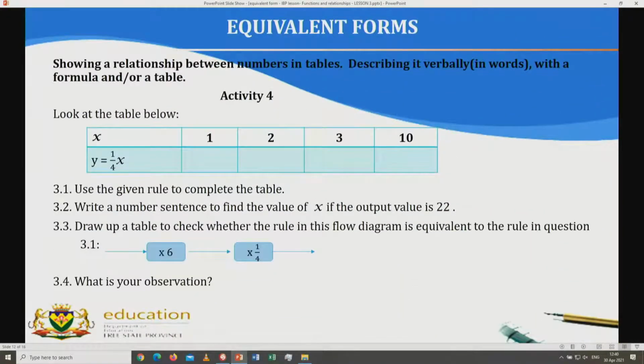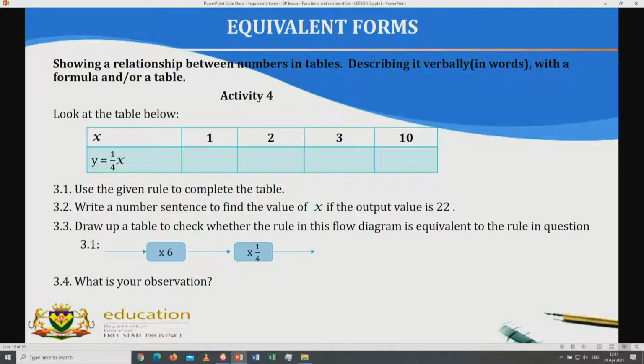Now, activity number 4. For activity number 4, we'll be having the table. The question says, we are going to show a relationship between numbers in tables, describing it verbally with a formula and or a table. We are given the input value and the rule.